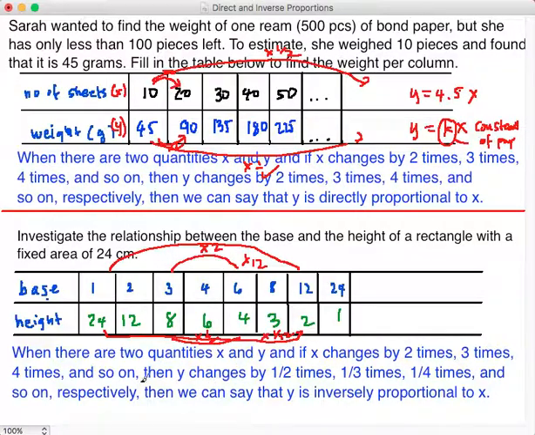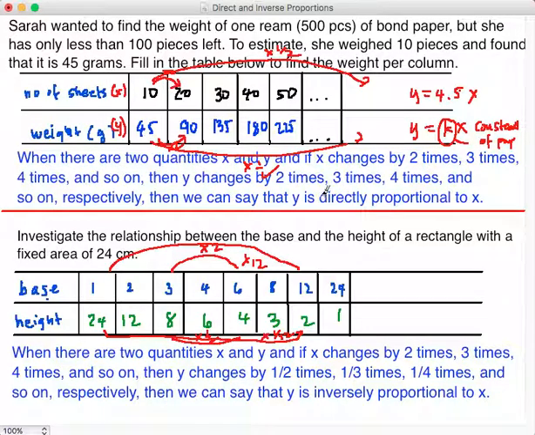Okay? So ibig sabihin, when there are two quantities, x and y, and if x changes by 2 times, 3 times, 4 times, and so on, then y changes by 1/2 times, 1/3 times, 1/4 times, and so on. So reciprocal, no? 2 naging 1/2, 3 naging 1/3, 4 naging 1/4, respectively, then we can say that y is inversely proportional to x.